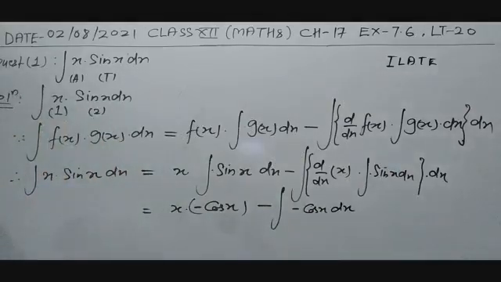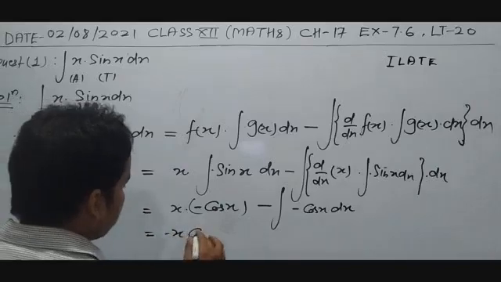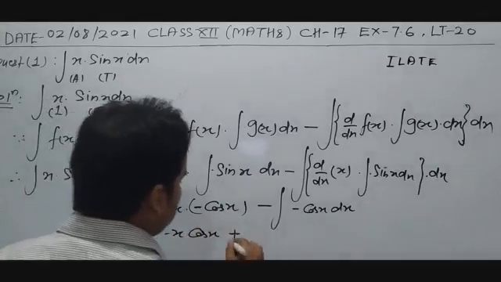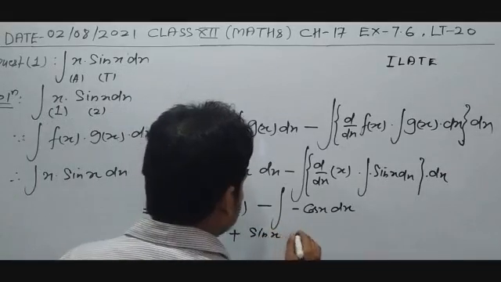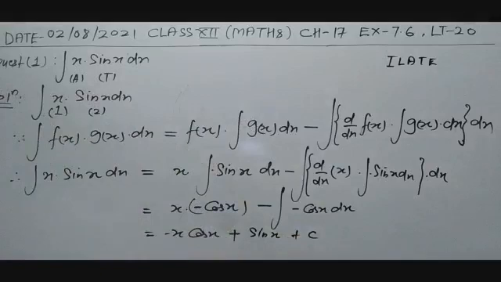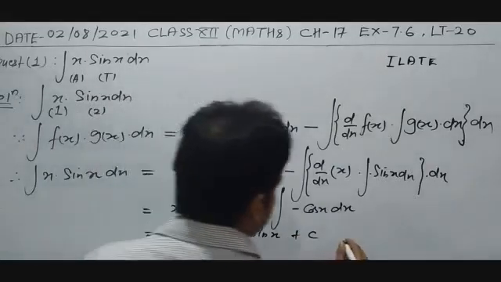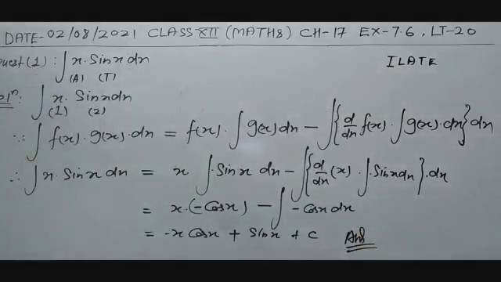The minus comes outside, and the result is minus x cos x plus the integral of cos x, which is sin x, plus c. So the answer is minus x cos x plus sin x plus c.